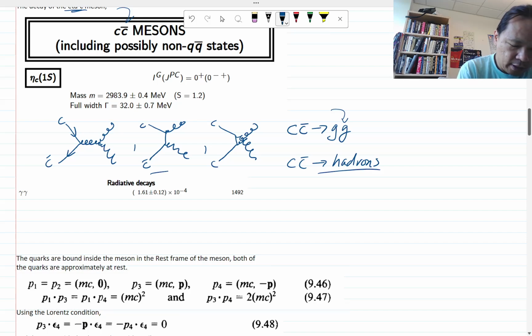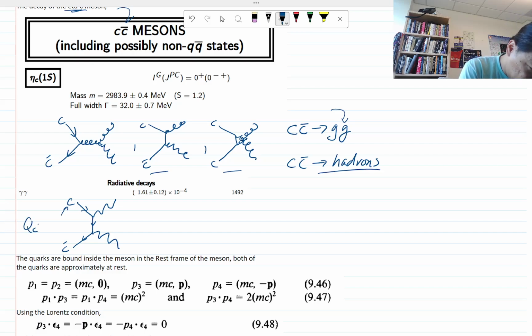Actually, you have the C and the T and the U channel only, where you have the charm, instead of spitting out a gluon, it can spit out photons, right? Because the charm has an electric charge of 2/3, Q of charm equals 2/3. So therefore it actually does couple to the electromagnetic force.